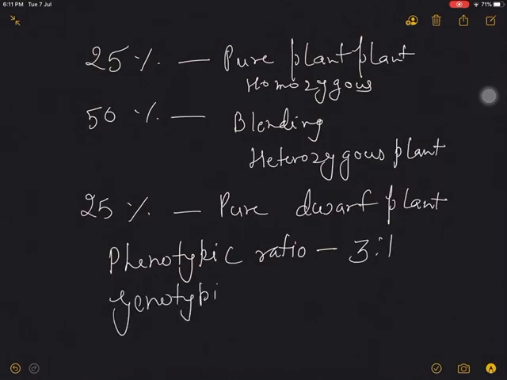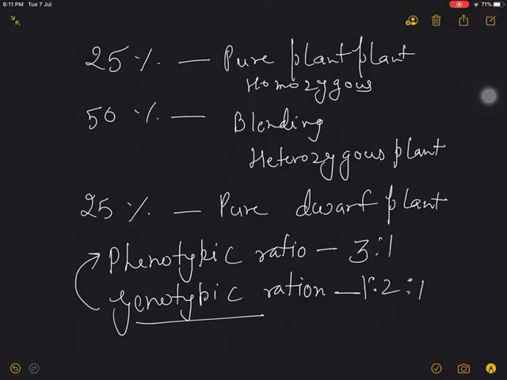Genotypic ratio, that means the ratio that is due to genetic constituent, and you can say that the genetic constituent that decide the phenotypic ratio, 1:2:1. So thus you have to represent monohybrid cross.